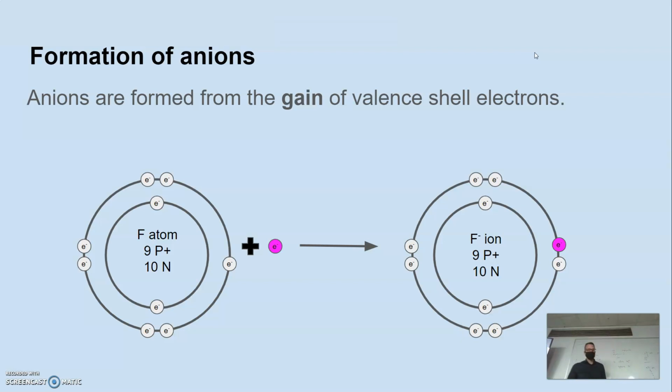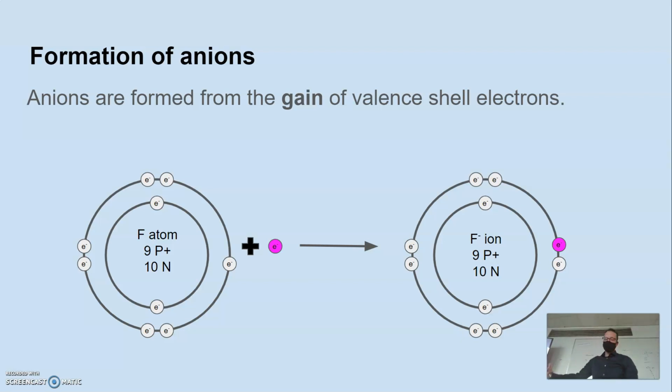So, fluorine atom, it's got the electron configuration 2, 7. Remember, when we get to each subsequent shell, we start to fill singly, and then we pair up. So notice we've got 3 pairs and 1 unpaired electron. So it wants to gain an electron. Right, so now we get the configuration 2,8.